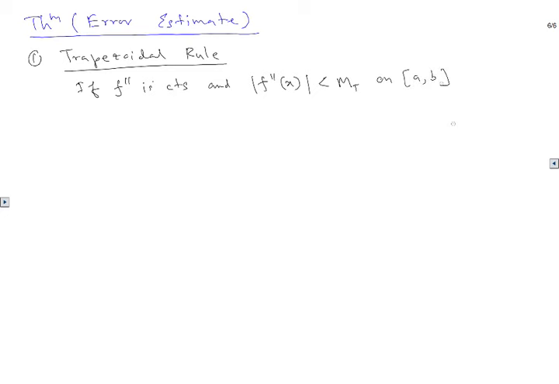So we're going to find the upper bound for the second derivative. What is the largest possible value the second derivative can take? That value I'm going to call M.